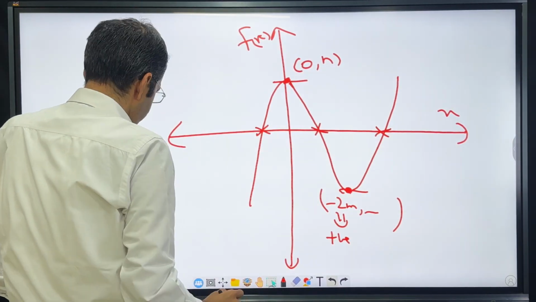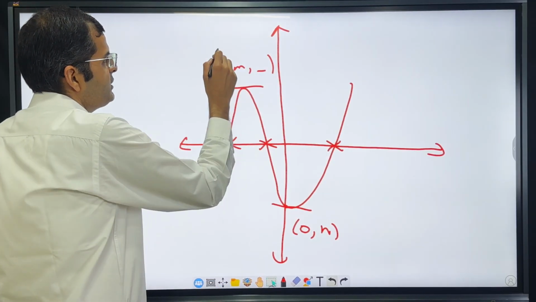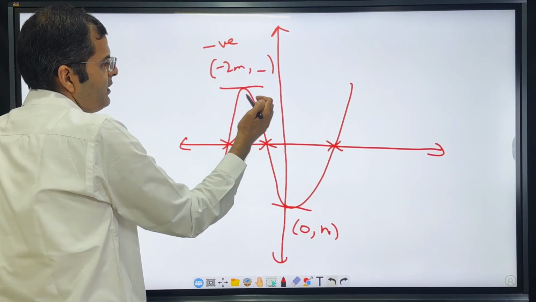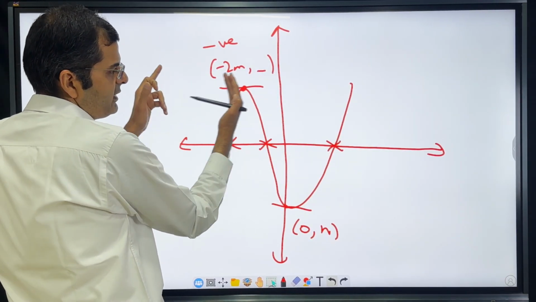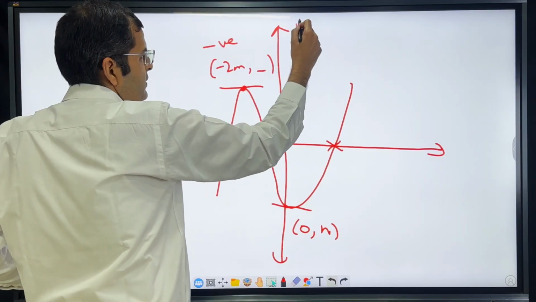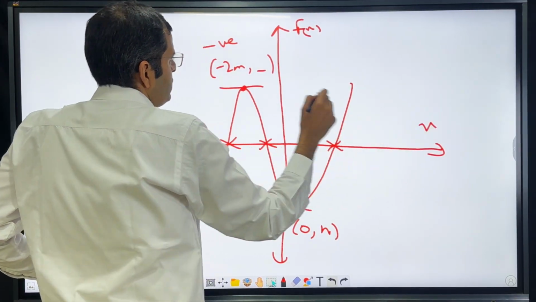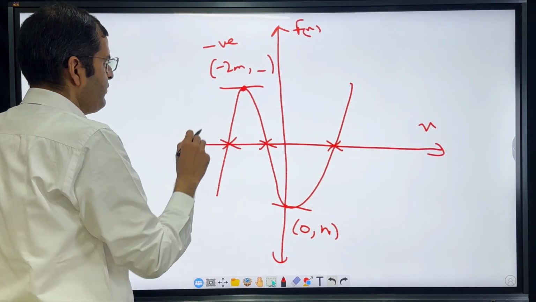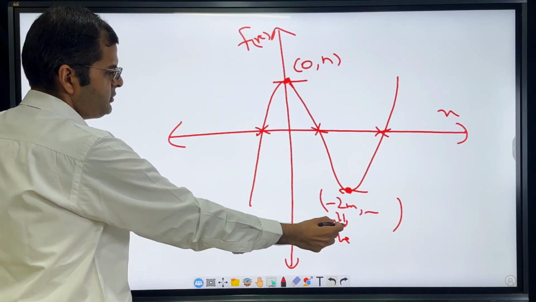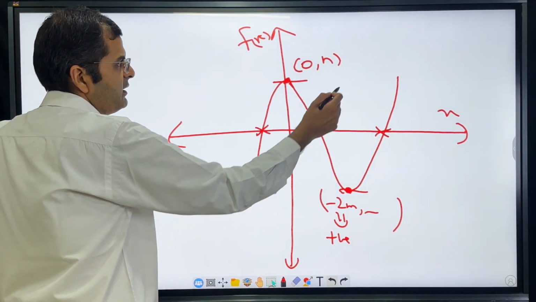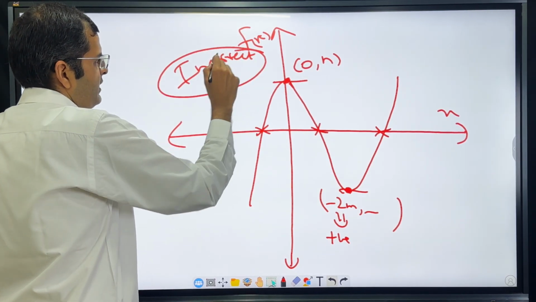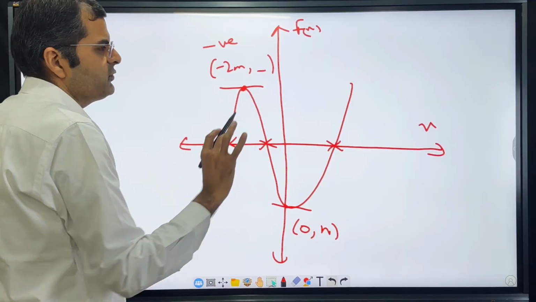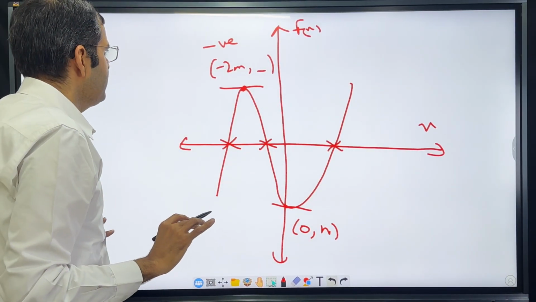In this situation, the x coordinate is negative because minus 2m is on the left hand side of y axis. So this is the correct graph because I want minus 2m to be negative. Here minus 2m is coming out to be positive, which is not correct, so this is an incorrect graph. The correct graph is this one.